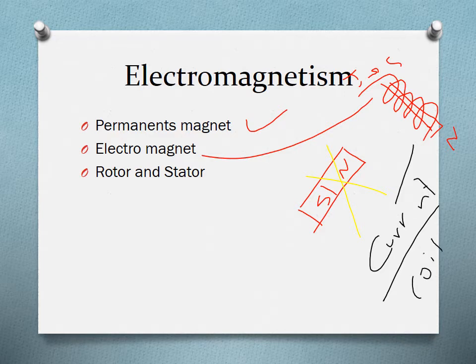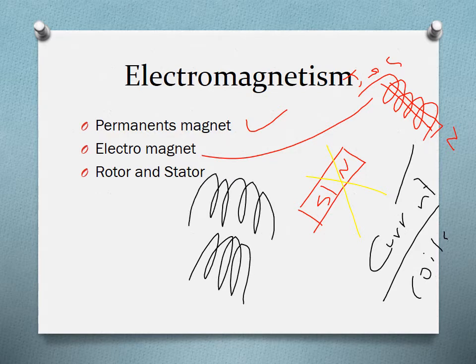Two C's. So the coil: how many loops do you have? The more coils you have, for this and this, which one is bigger? This is going to have more magnetism, this is less, and also the amount of current. If you have two of the same thing, but one has less current, it has less magnetism.